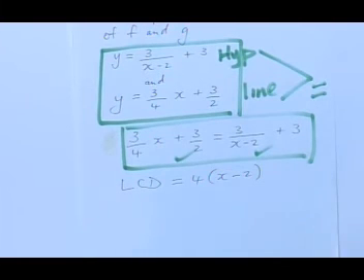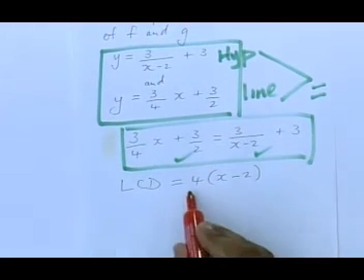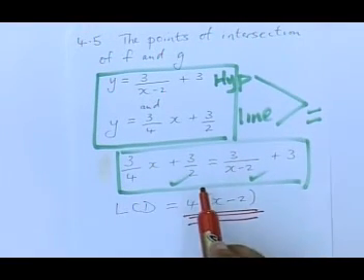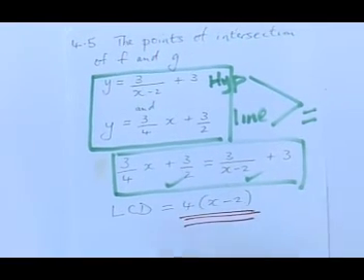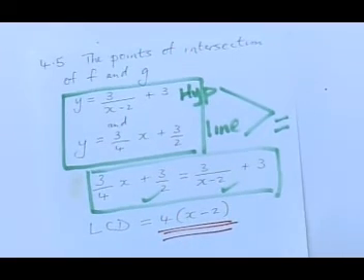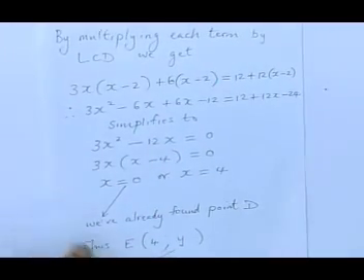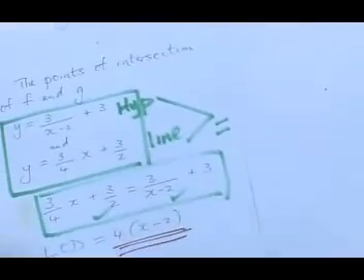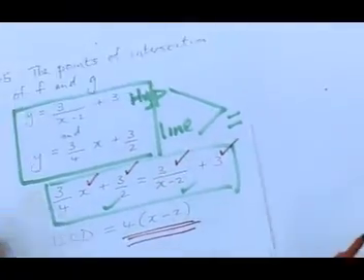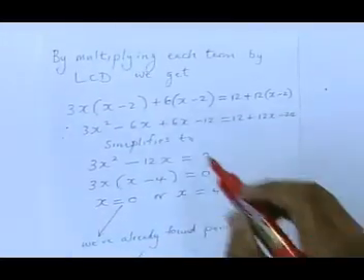The awkward part, which many of us struggle with, is that there are denominators 4, 2, x minus 2, of which the lowest common denominator will be 4 times x minus 2. What would you do in that case? Multiply each of these terms by that lowest common denominator there, and there, and let's see what happens.